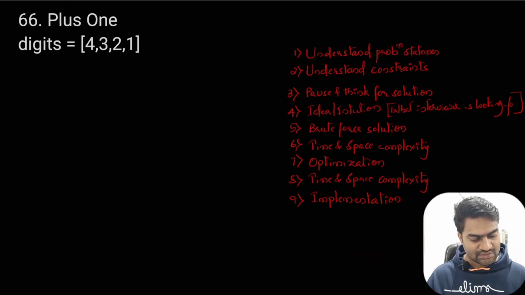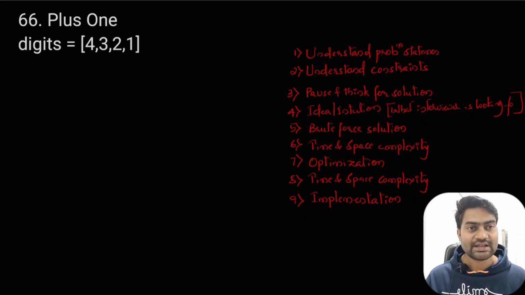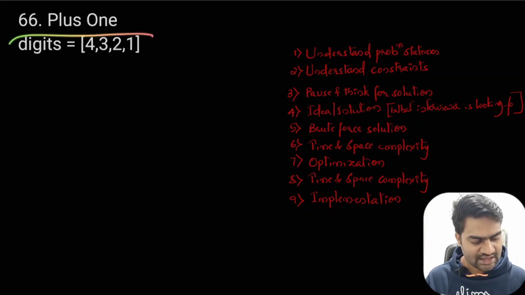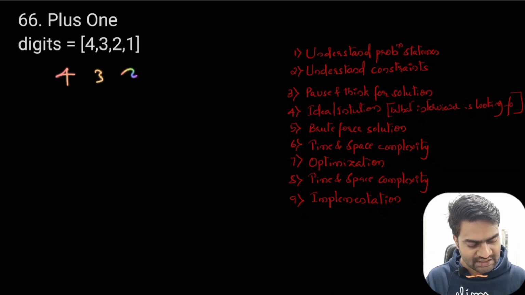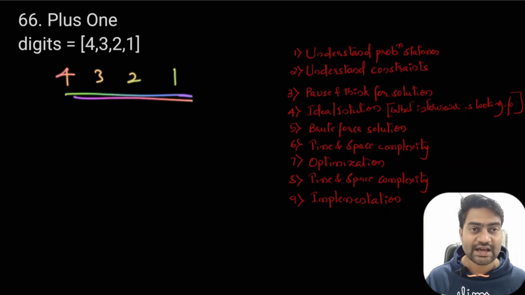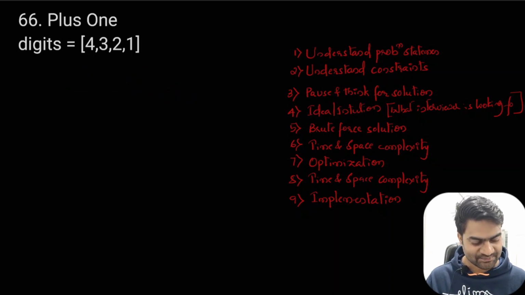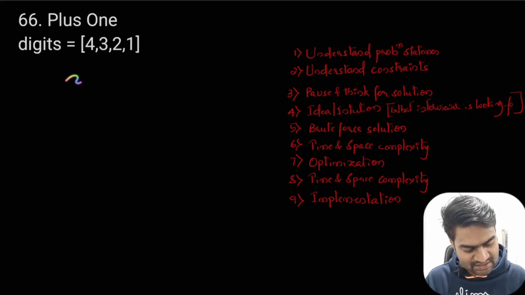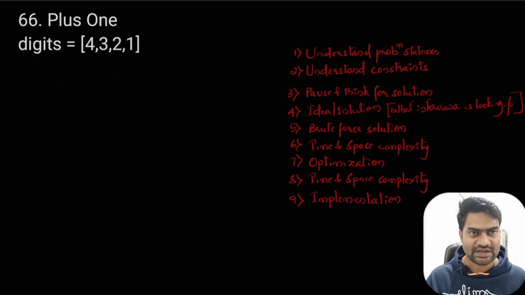Here, this problem states we are given this particular digits array, and these are the individual digits: 4, 3, 2 and 1. If you take these individual digits and write it, it becomes 4321.